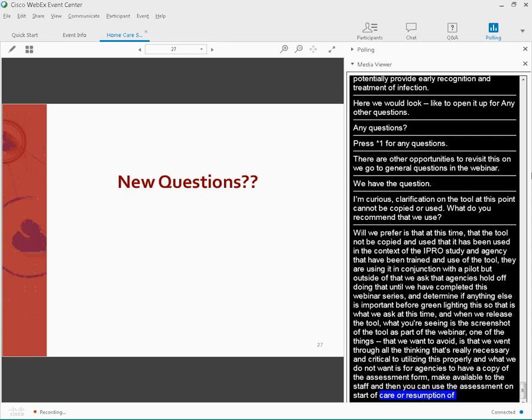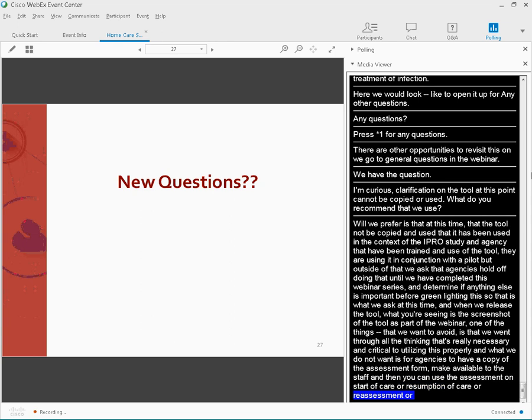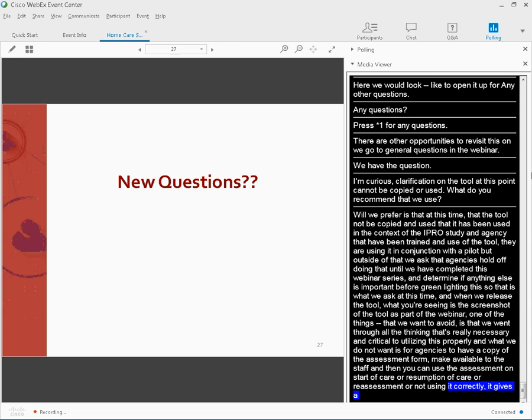It really gives a false sense that the tool is being used in a way that's achieving the intended goal. So we really want to be very cautious about that aspect of it.